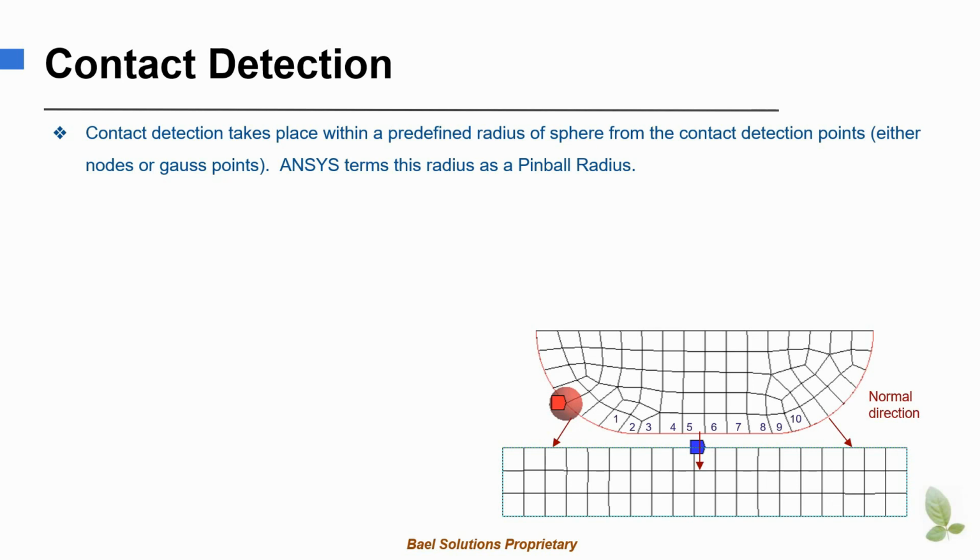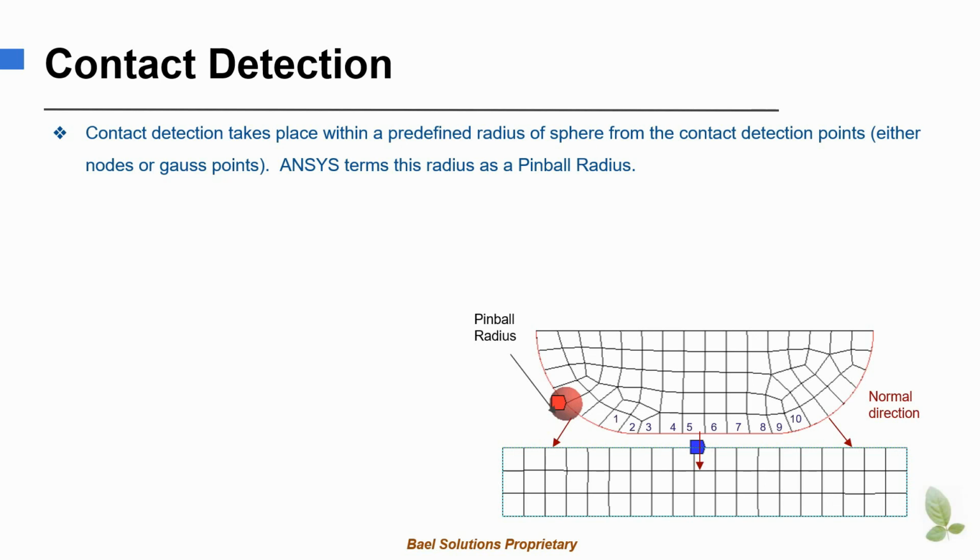This predefined distance can be imagined as a sphere of certain radius, with origin at the contact detection points. Contacts are detected when the contact and the target elements are within the radius of the sphere. In ANSYS terms, this radius is known as a pinball radius.